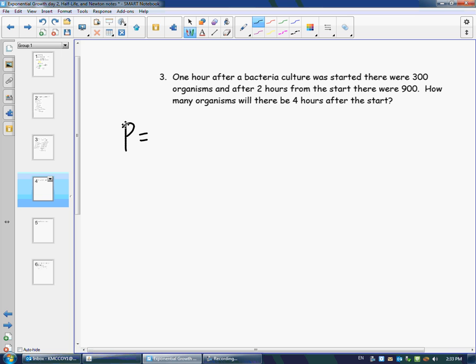It is a standard growth. So the initial amount that we're going to use is 300 because that's the first value that we actually know. The new value that we're going to use, because it says that we've got 900, 2 hours from the start, so 900 is our new population. But the big question is, what goes in for t?